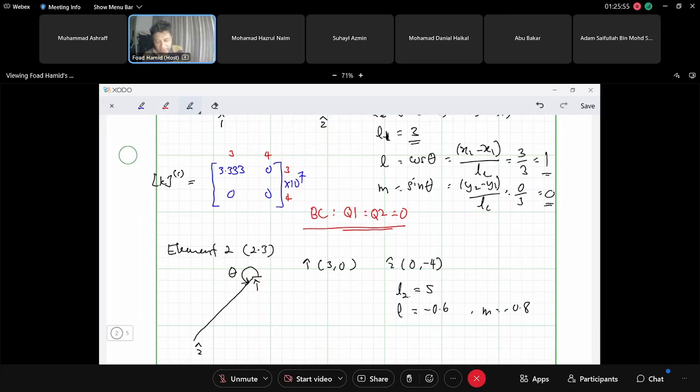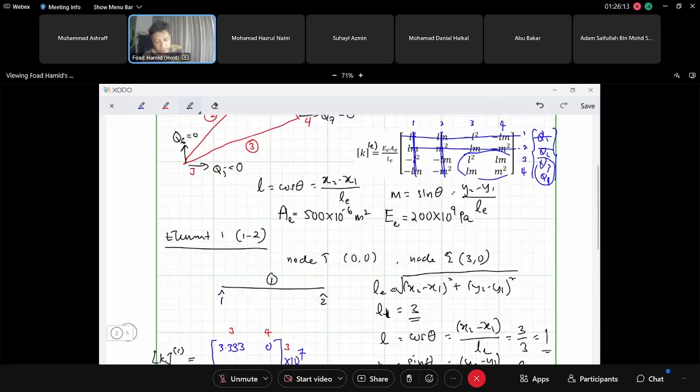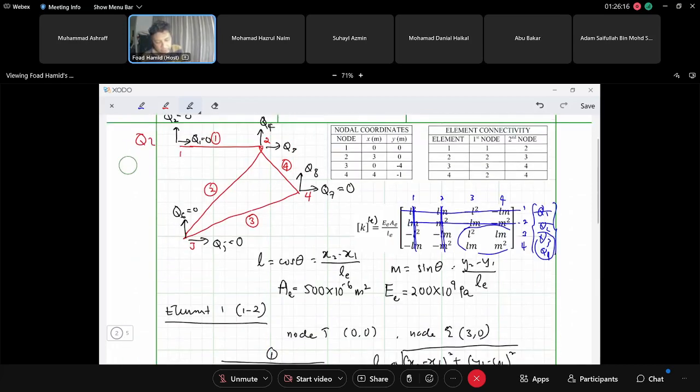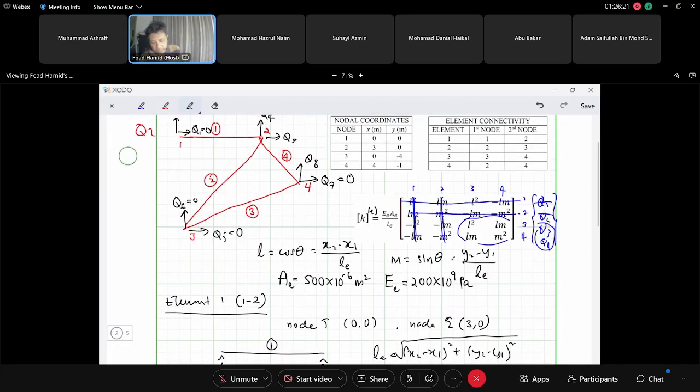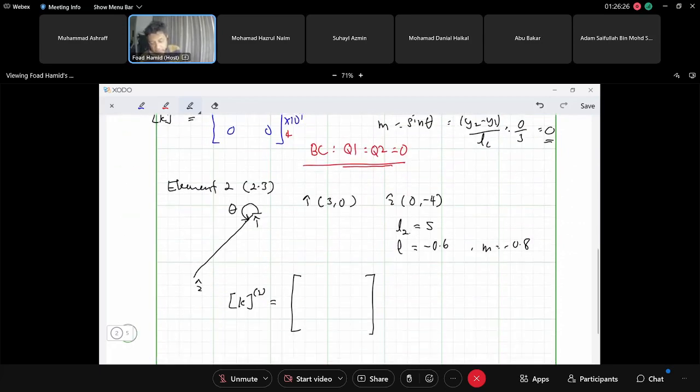We need to find the reduced stiffness matrix. So what is our K of element number 2? At node 2 here, the boundary condition is that Q5 and Q6 are going to be 0, right? So for element number 2, if we look at the full stiffness matrix, this is not global node 1.